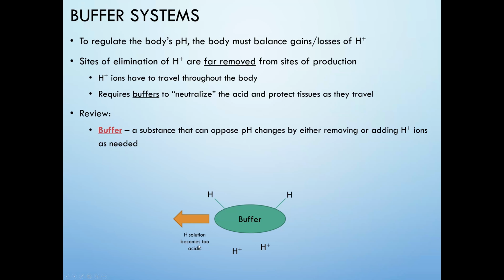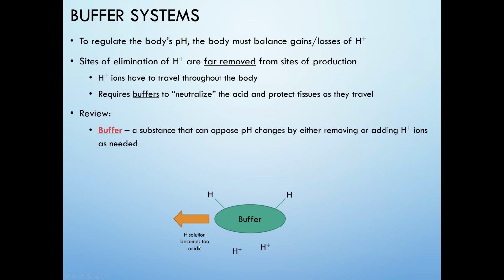So a buffer would have the ability to absorb or bind to hydrogen ions, which removes them from the solution and helps stabilize the pH to normal. In this picture, these are the hydrogen ions floating around in our solution. And when they become attached to the buffer through a chemical bond, they are no longer free-floating hydrogen ions, so they can no longer have an effect on the pH.